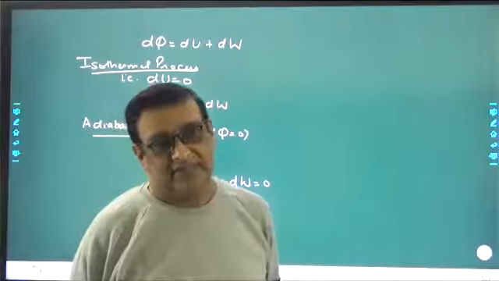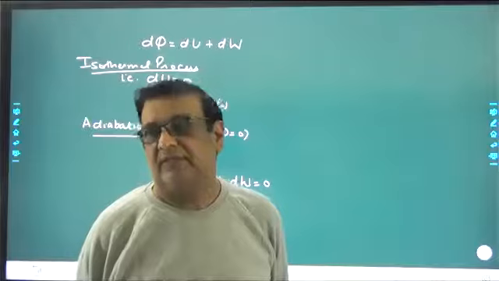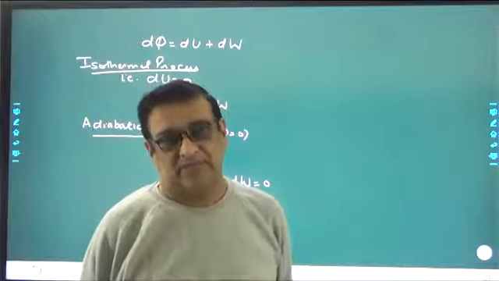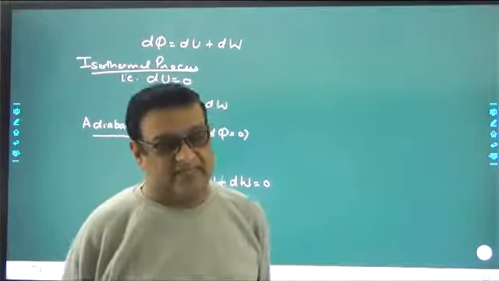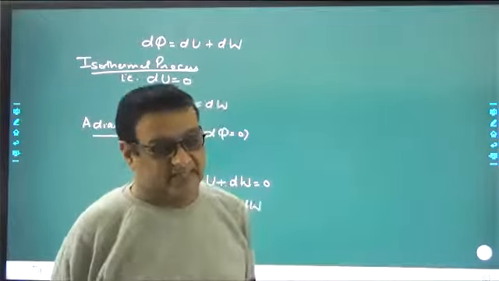If ideal gas expands adiabatically, work done is positive and change in internal energy is negative, that is, temperature falls.